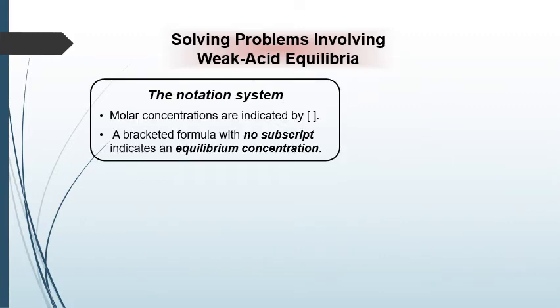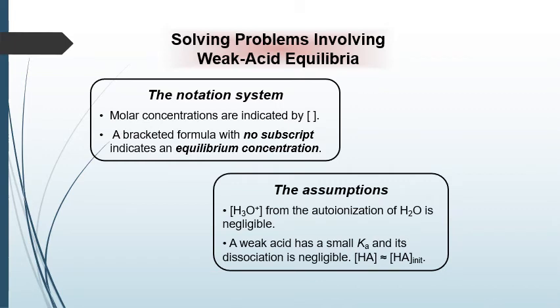As we are looking at these problems, molar concentrations are the brackets. A formula with no subscript indicates an equilibrium concentration. Again, what we're talking about for that is the initial concentration. If you don't see the not sign, the little 0 underneath it, then it would be an equilibrium concentration and not an initial concentration.